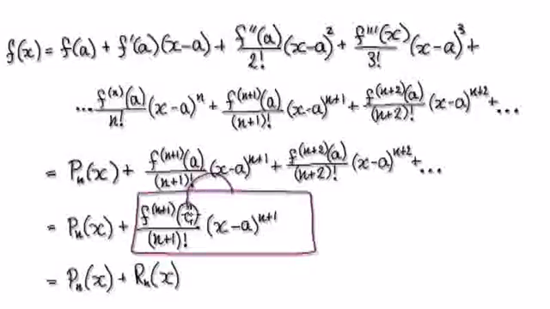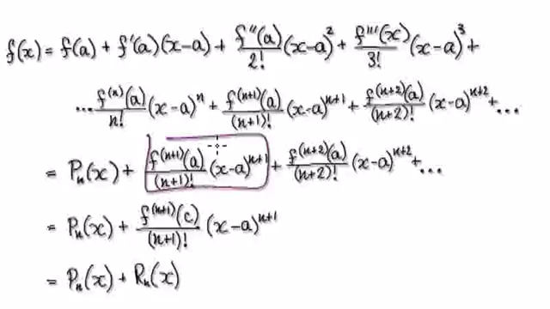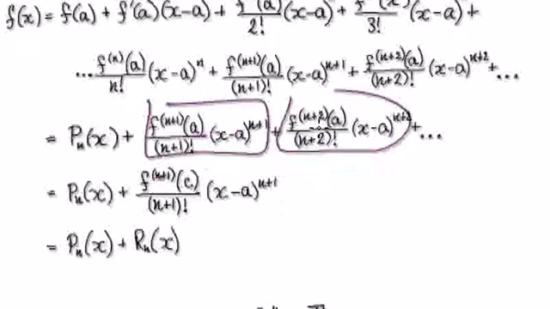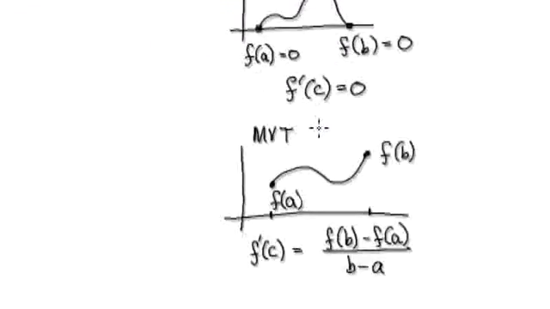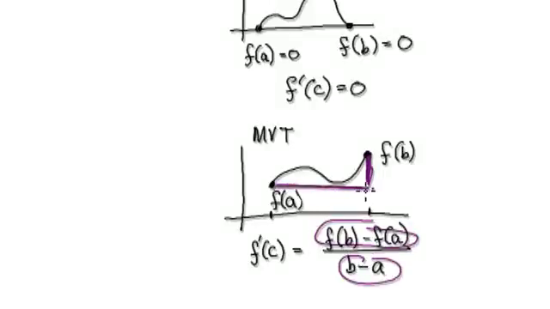There must exist a value c somewhere in between where this thing here will represent all our remainders, and also remember the mean value theorem. If you take this height, take away this height, so this bit here represents a height, and then divide by this length here, which is b minus a, that will then give you your average gradient.